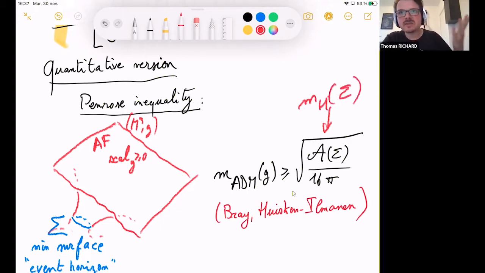And so once again, a difficult theorem in mathematical general relativity is that the global mass of your manifold is bigger than the mass of one black hole inside your manifold. This is already difficult. General relativity is a very complicated physical theory.